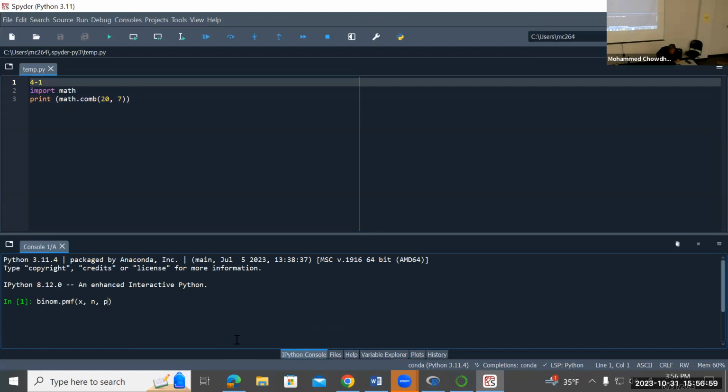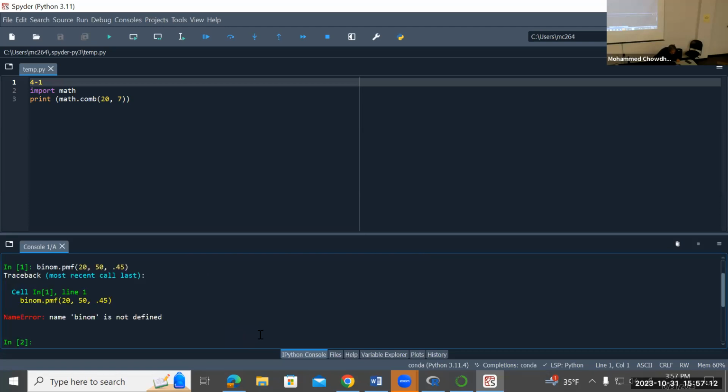Okay, she put these things: this is equal to 0.45, this is equal to 50, and this is equal to 20. Let's see whether it will work. Binomial is not found. Anyone else? Import SciPy, from SciPy import stats, and then just put stats in front.